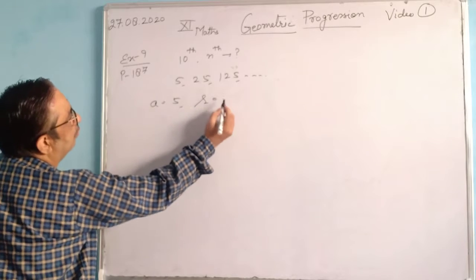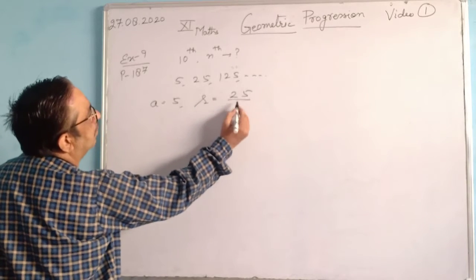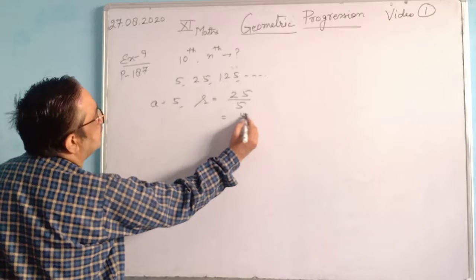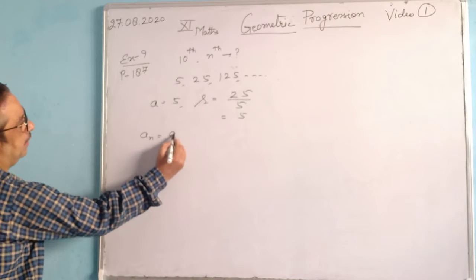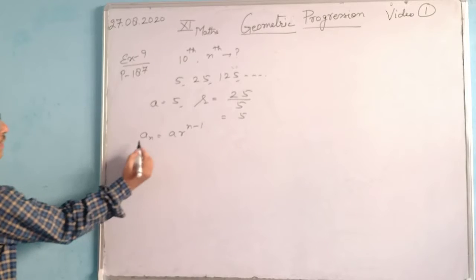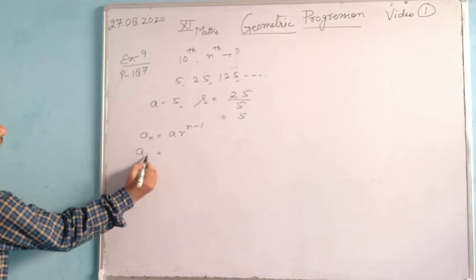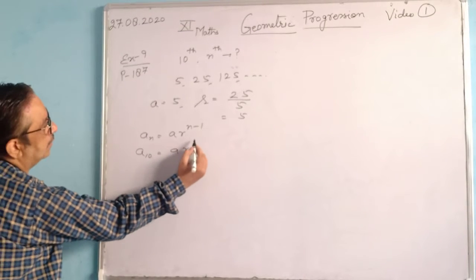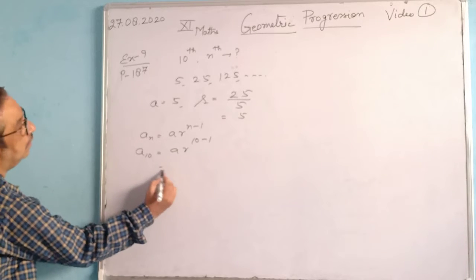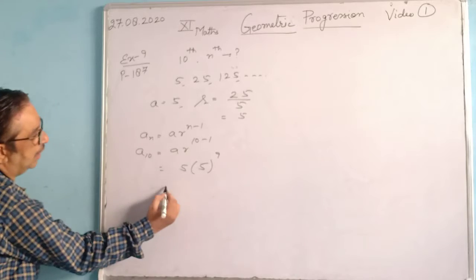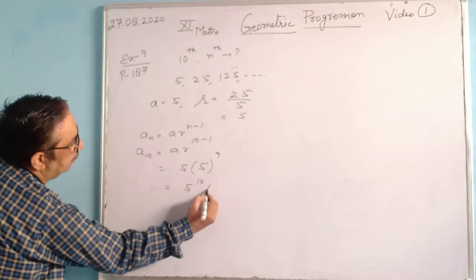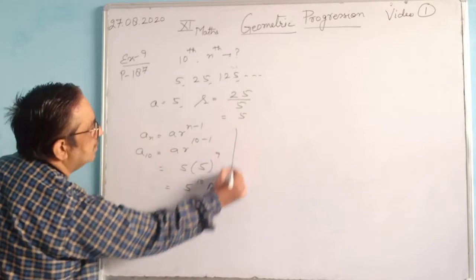What is the value of common ratio? Second term upon first term is the common ratio. 10th term, an equals ar raised to the power of n minus 1. This is a10, ar to the power 10 minus 1. a means 5, r means 5 to the power 9. This is 5 raised to the power of 10 is the answer.